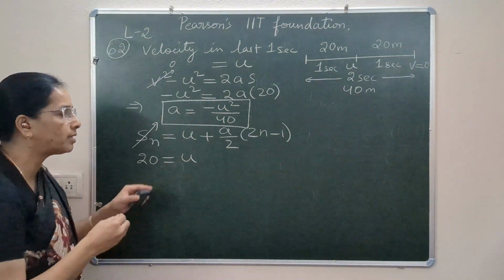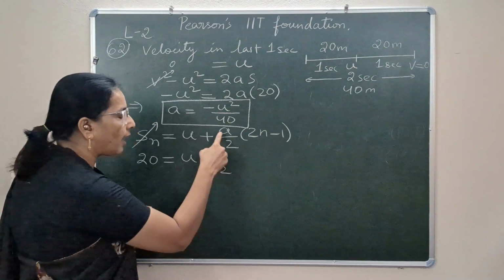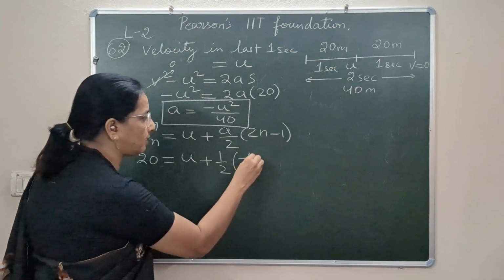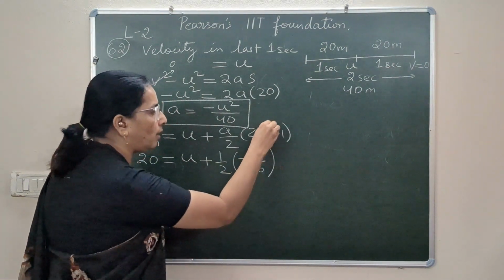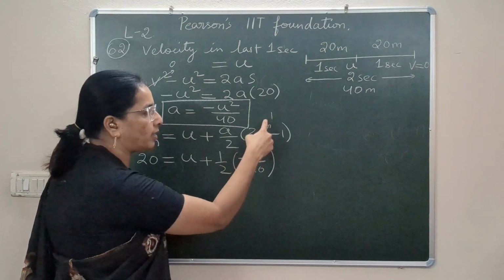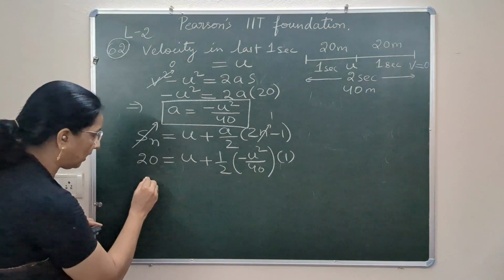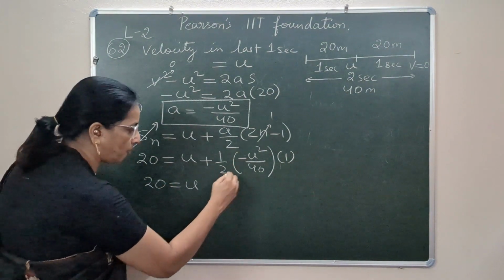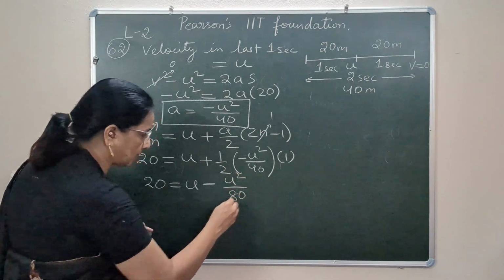Velocity in the last 1 second is our requirement, plus half the acceleration in the last 1 second, which is minus u square by 40. For the last 1 second, 2 into 1 is 2, 2 minus 1 is 1. So ultimately we get 20 equals u plus minus u square by 80.